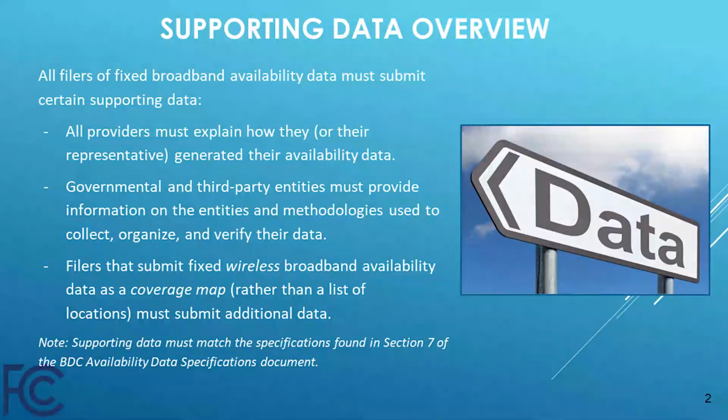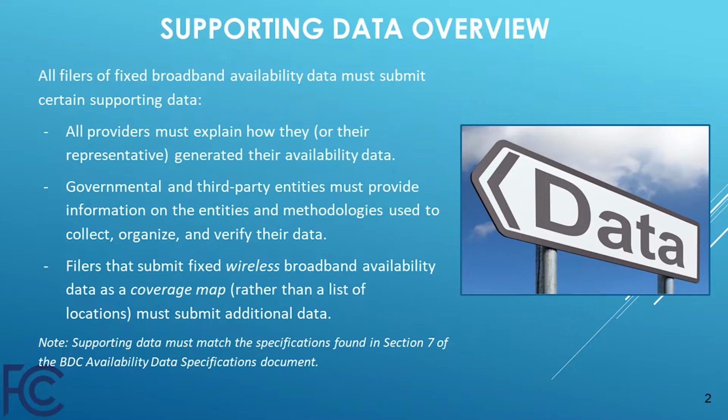Thanks, Kirk. All filers that submit fixed broadband availability data in the Broadband Data Collection System must also submit certain supporting information to provide insight into how they generated their availability data. All fixed broadband providers must explain how they, or their representatives, generated their coverage information.